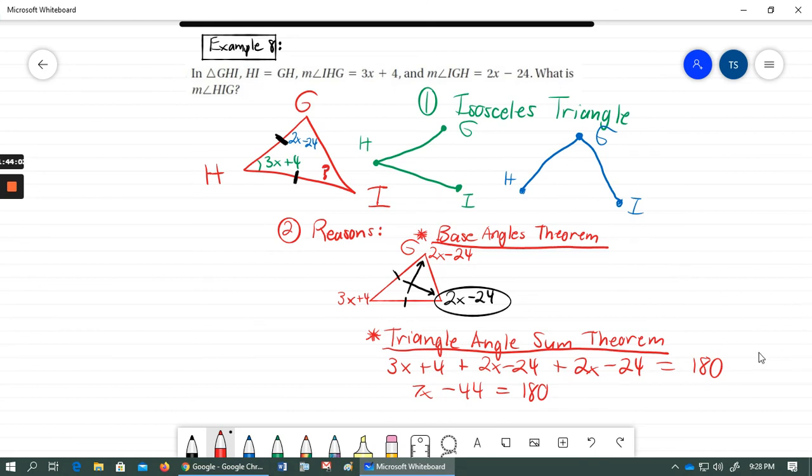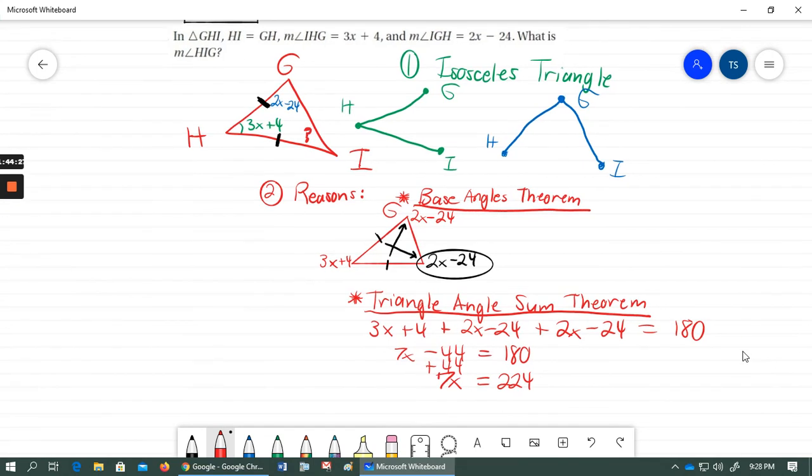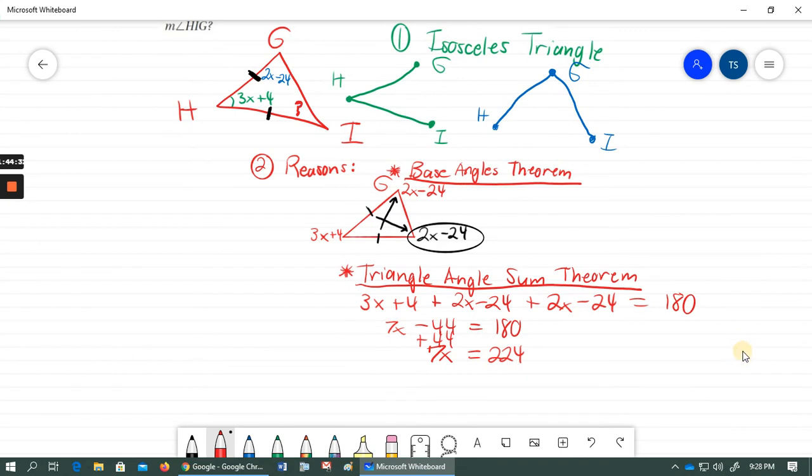Then if we add 44 to both sides, we end up getting 224. And if you divide by 7, we end up getting 32.